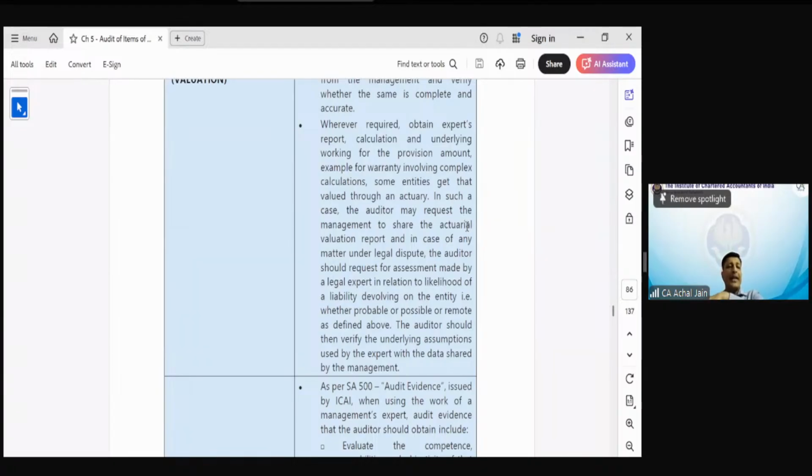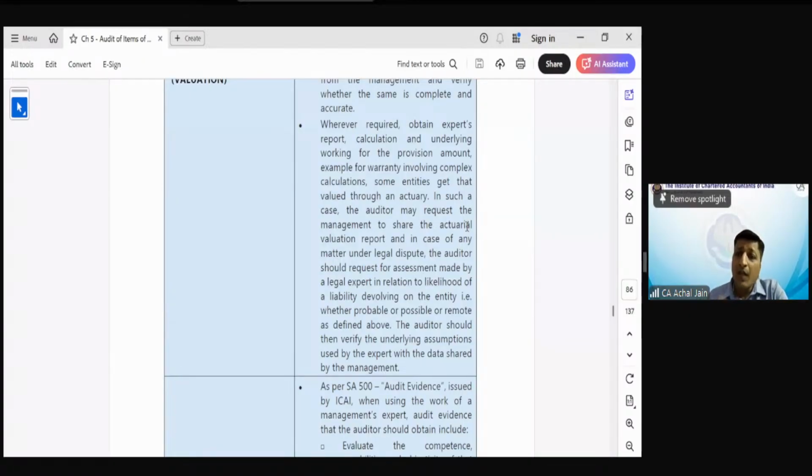Rihanna says, obtain the opinion of the expert. No, so opinion of the expert, what does it mean? Means he will go consult that expert, or what is the meaning of expert's opinion? Prem says, the auditor may have to hire his own expert. Very good.